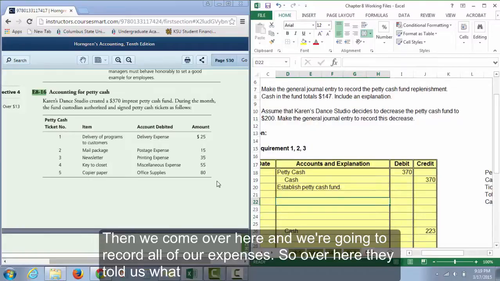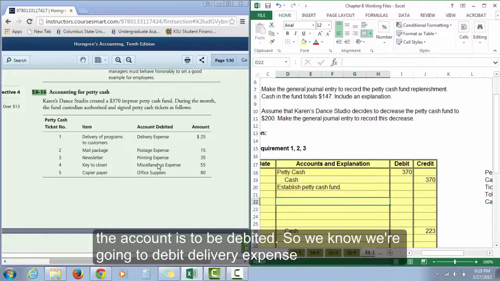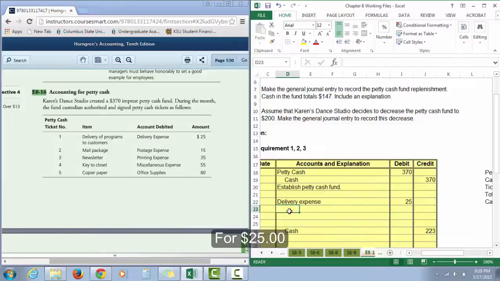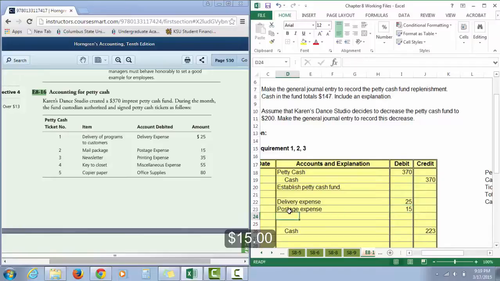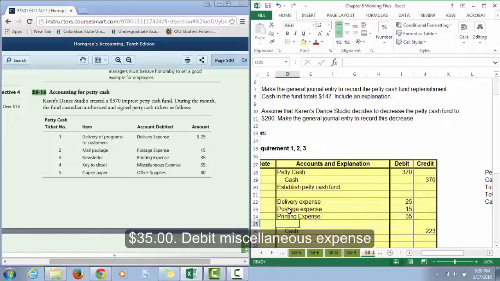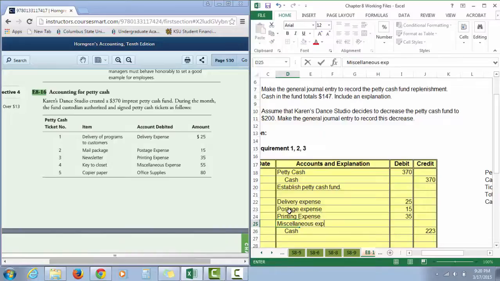Okay, then we're going to come over here and we're going to record all of our expenses. So over here they told us what the account is to be debited already, so we know we're going to debit delivery expense for $25. We're going to debit postage expense $15, debit printing expense $35, debit miscellaneous expense for $55.